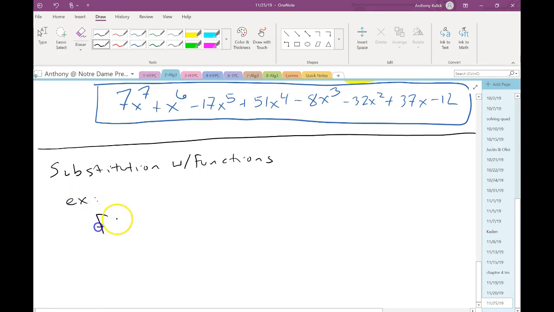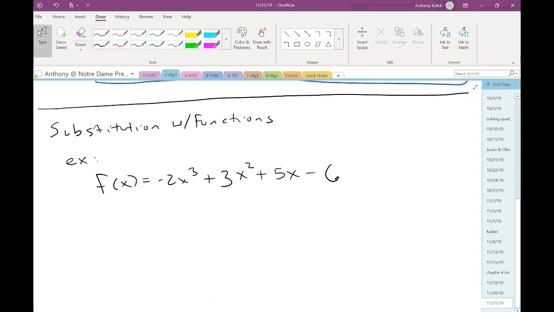So let's say we have this polynomial. And I ask you guys to evaluate or find the value for f of negative 1.